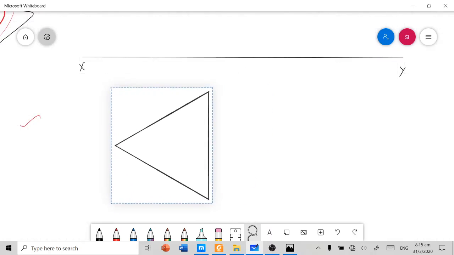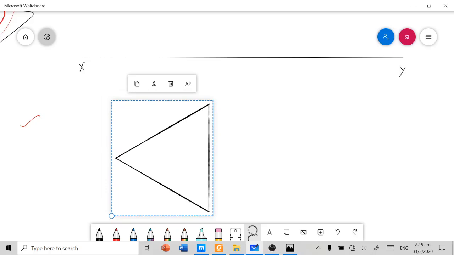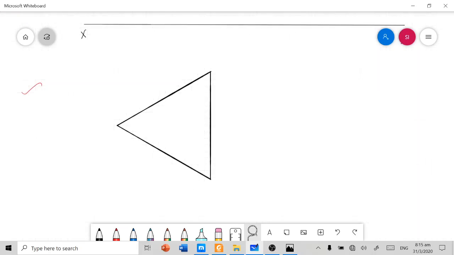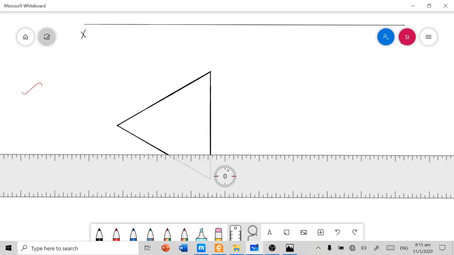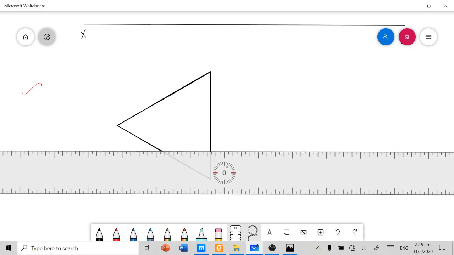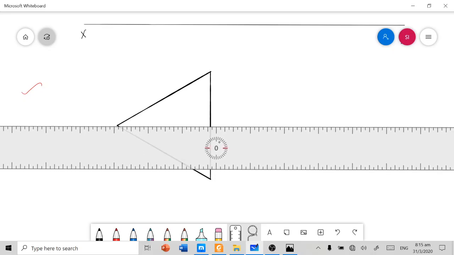I have just drawn a tetrahedron with one base side perpendicular to the XY line, and now you need to mark the center point of this tetrahedron by drawing perpendiculars to every base edge from the opposite corner.